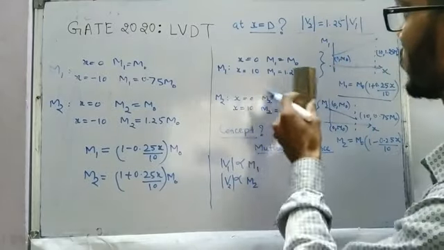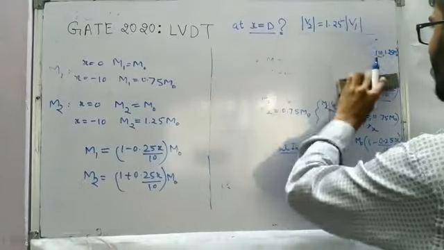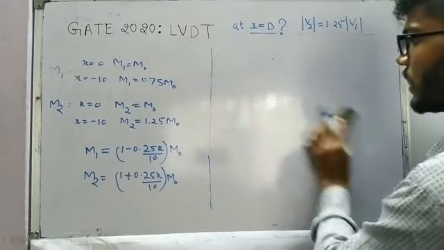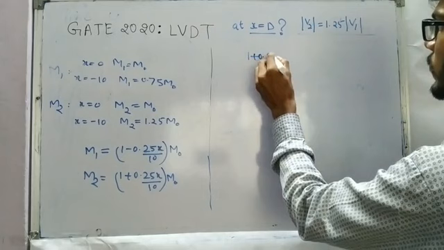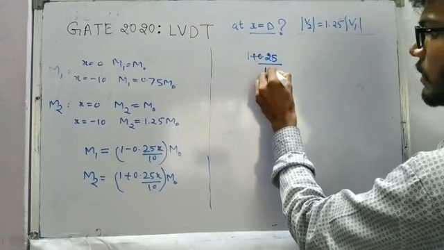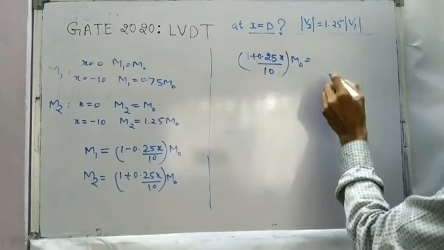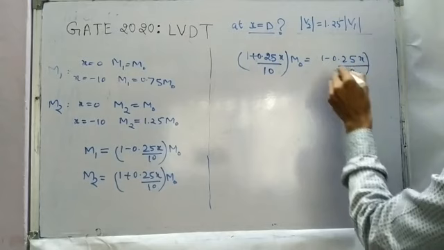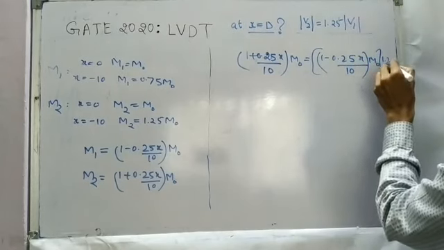So now simply applying all these equations in the condition given, we will be able to calculate the value of displacement. M2 is going to be 1 plus 0.25 x divided by 10 into M0, where x is in mm, and M1 is 1 minus 0.25 x divided by 10 into M0, and this we have to take 1.25 times.